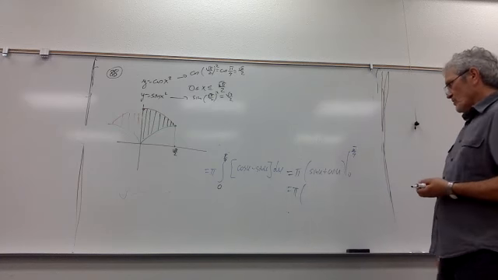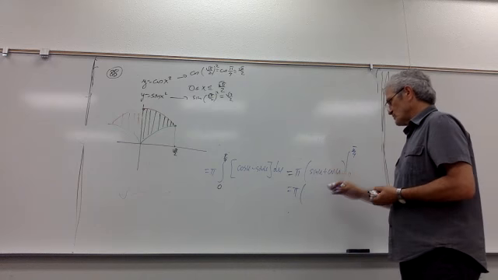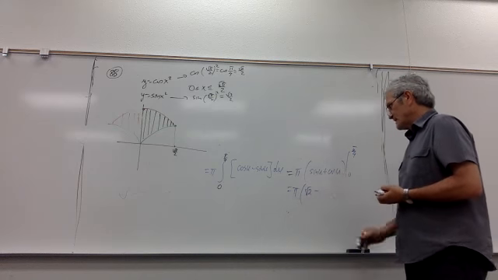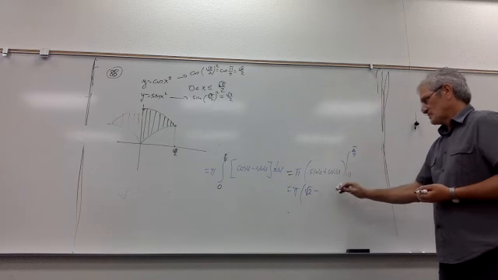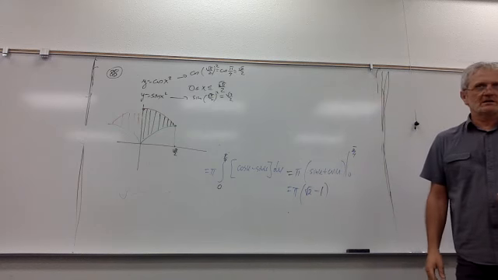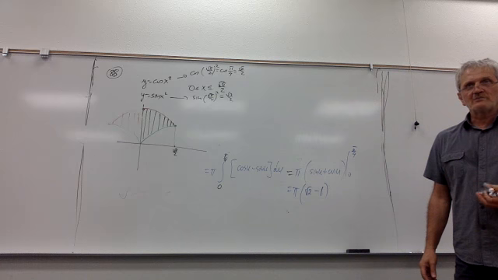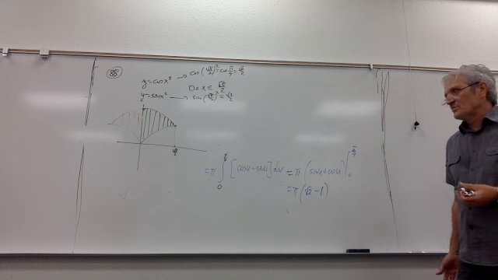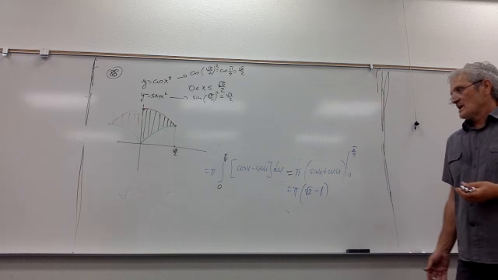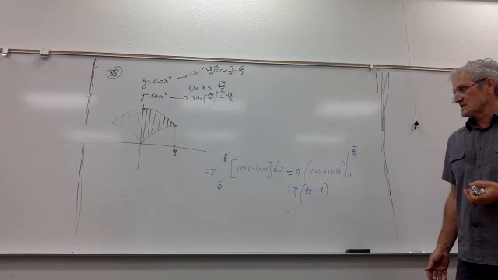At pi over 4, it will be root 2 over 2 and root 2 over 2, this will give me root 2. At 0, value 0 plus 1, so we subtract. So basically, these problems really involve very simple calculations.